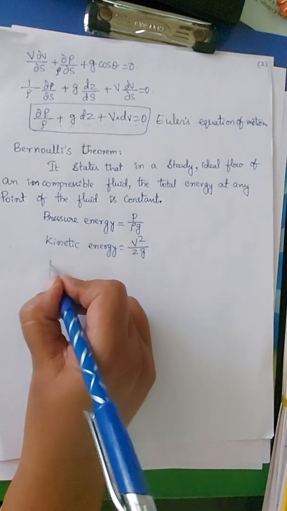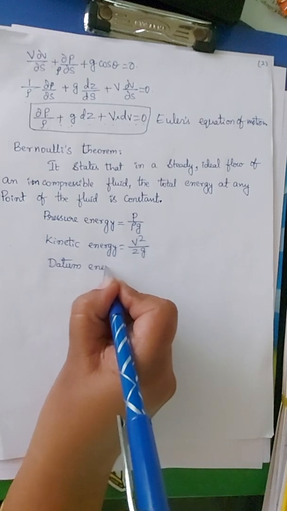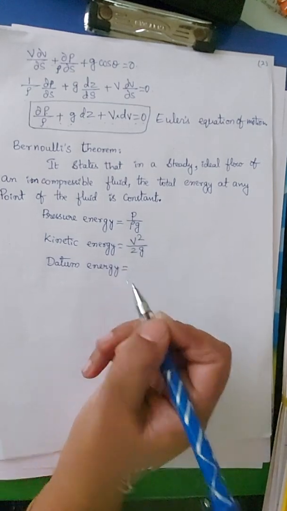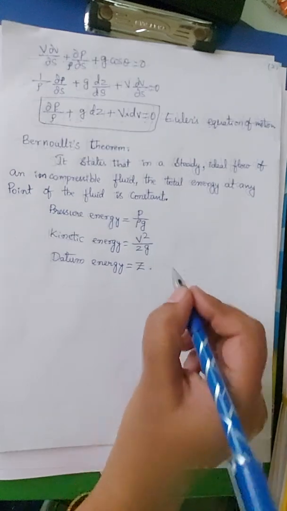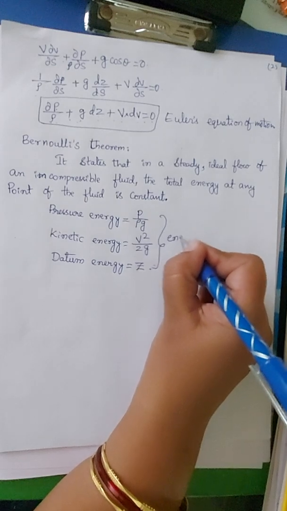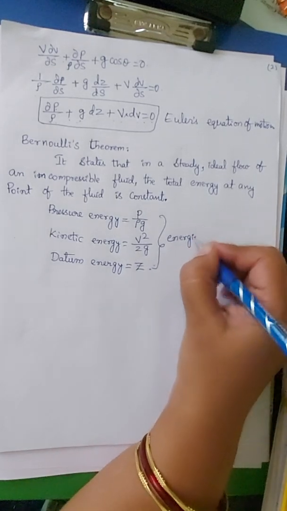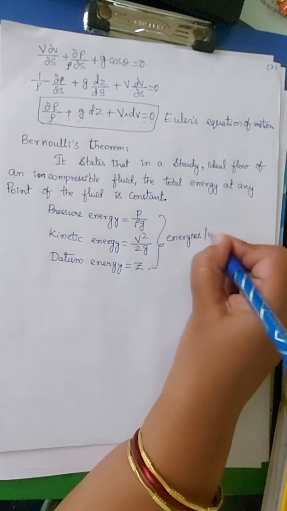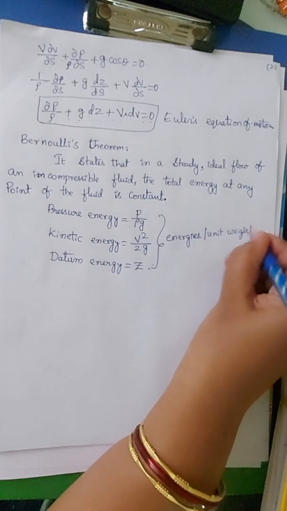Next, datum energy. This is equal to Z. These three are the energies per unit weight of the fluid.